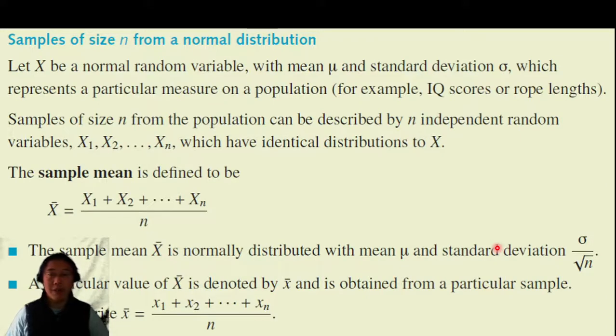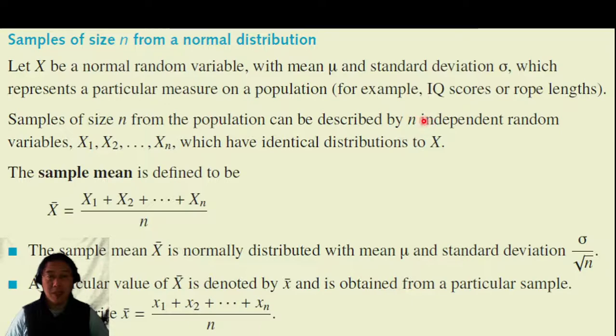We'll generalize that. So we did a sum of two variables. What we can do now is generalize that for a sample of size n. So again, we start with a normal random variable with the respective mean and standard deviation. We'll get a sample of size n from the population.